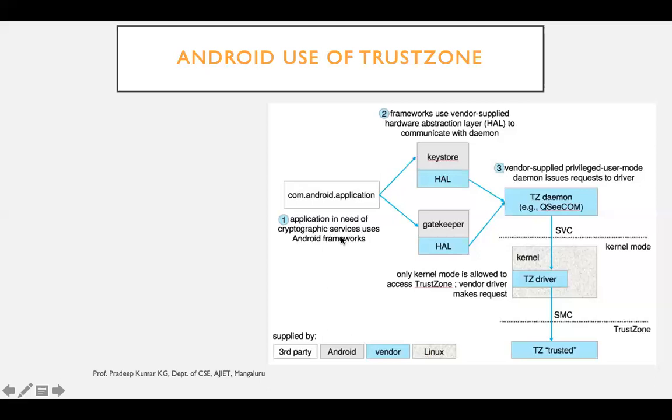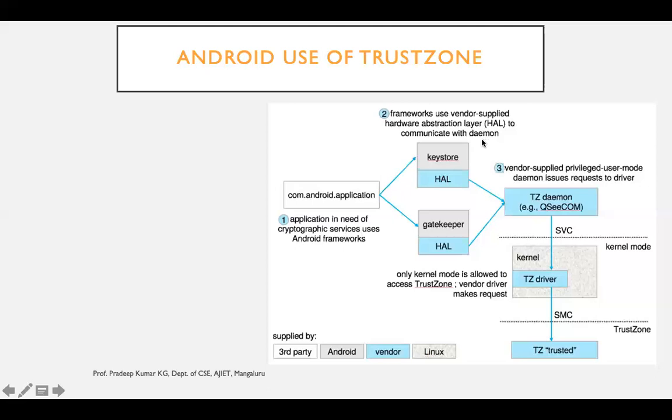There is a gatekeeper, nothing but developer tools. There is an option in your mobile. If you go and search in your settings, you can find that one. That is nothing but you providing access for that particular application to deal with the Android framework. So what that framework will do, the framework uses the vendor-supplied hardware abstraction layer, HAL, to communicate with the daemon.